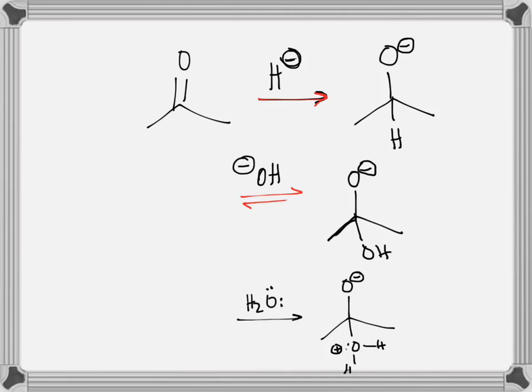Partial negative charge. There's partial negative charge on our oxygens, partial positive on our carbon, but there is no formal charge. Look at your products. What makes our products unstable? Two formal charges. Which way does the equilibrium lie? It's going to go straight back to your starting material.